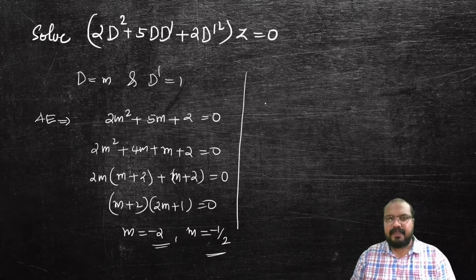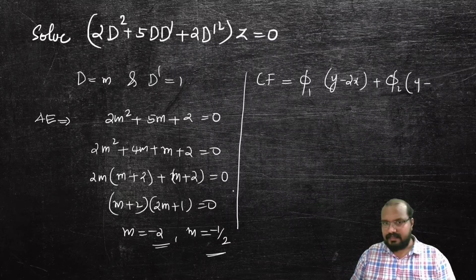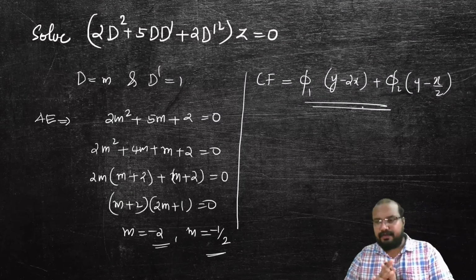Therefore the complementary function is phi 1 of (y minus 2x) plus phi 2 of (y minus x by 2). This is the complementary function for this type of equation.